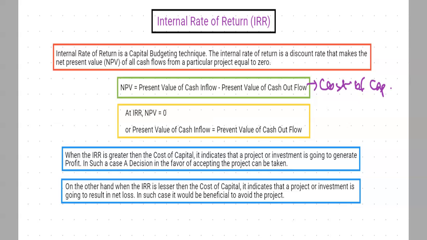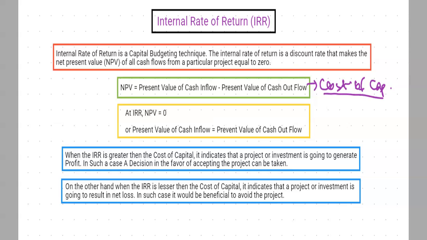That is, the cash flows are discounted using the cost of capital. But if you discount the cash flows using the internal rate of return, your NPV will come out to zero, or the present value of cash inflows will be equal to the present value of cash outflows.